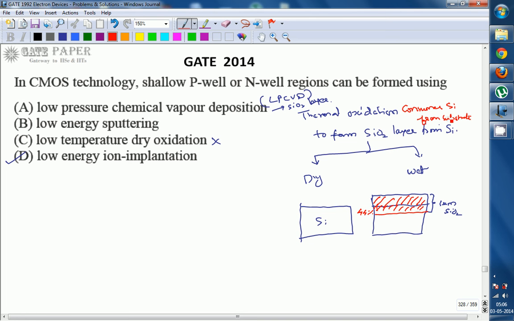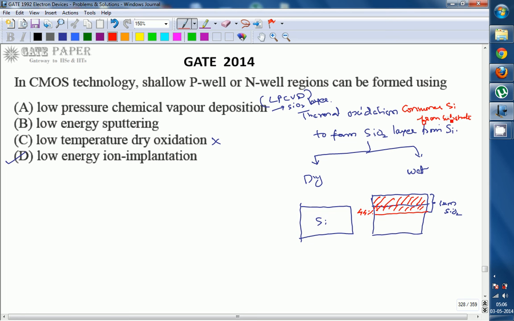The main difference between thermal oxidation and chemical vapor deposition is that thermal oxidation consumes silicon from the substrate to form the SiO2 layer, and this process requires very high temperatures, whereas chemical vapor deposition doesn't consume silicon from the substrate, and this can be done at much lower temperatures.